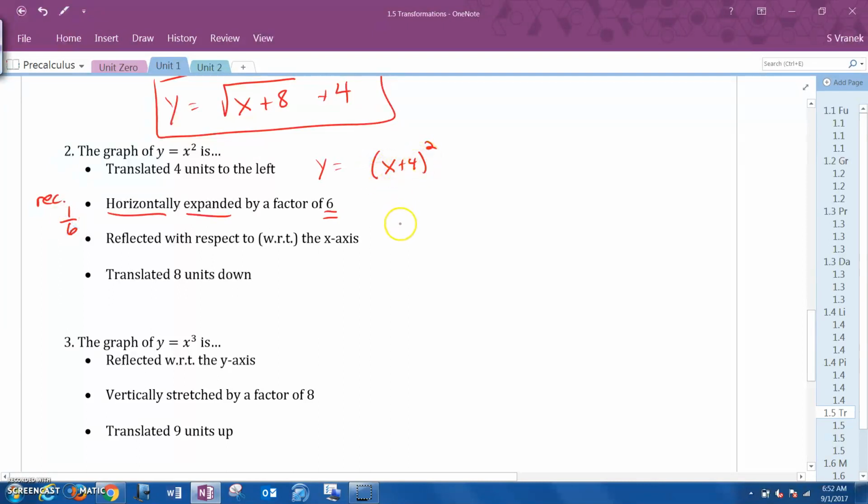So here's what we're going to do now. Y equals, we have 1/6 x + 4. Okay? Then we reflect with respect to the x-axis. That would be a negative on the outside of this.